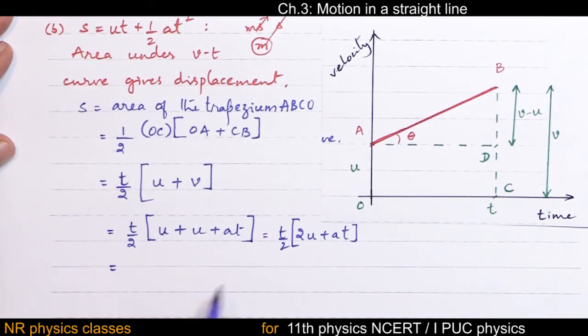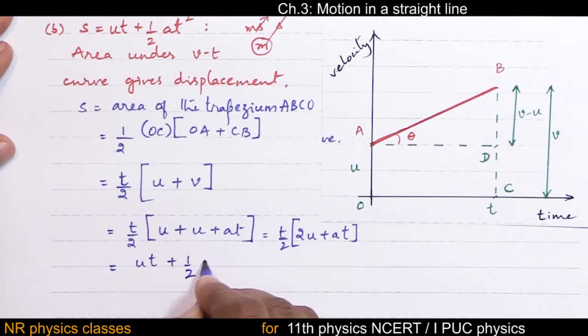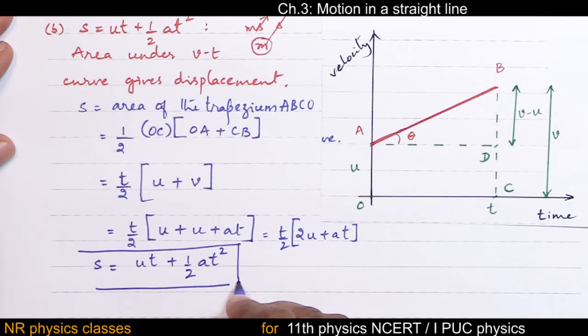Multiply T by 2 into 2U, the 2 cancels, giving UT, plus T by 2 into AT, which is half A T square. This is the displacement. This is the second equation.